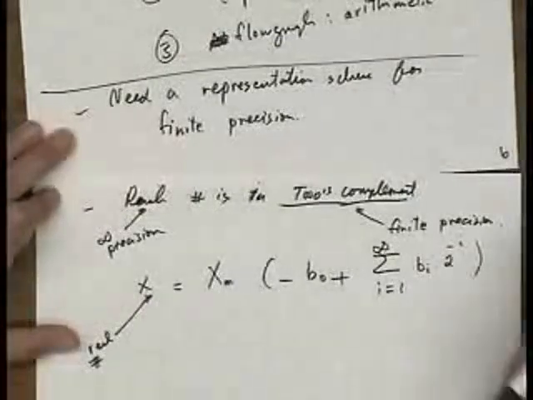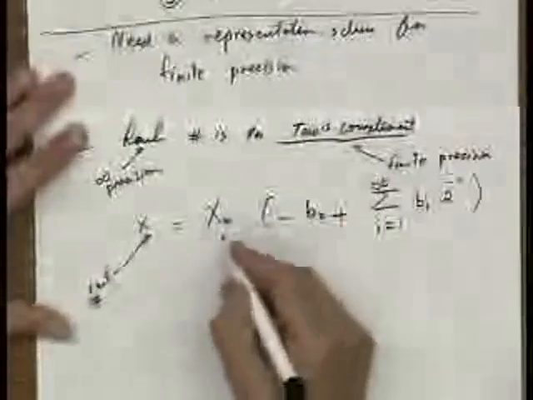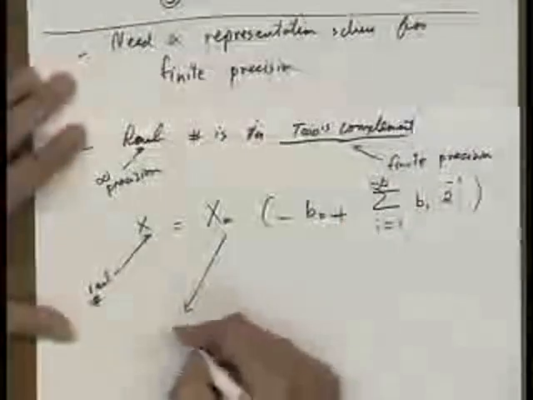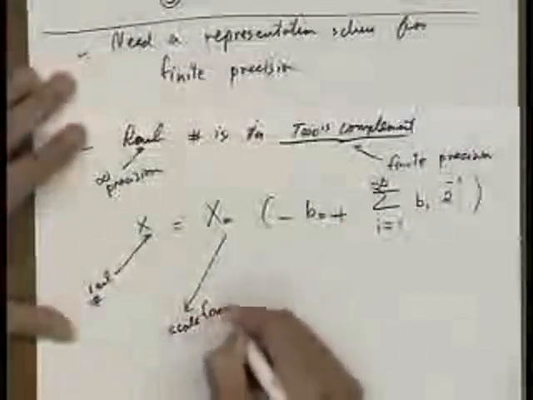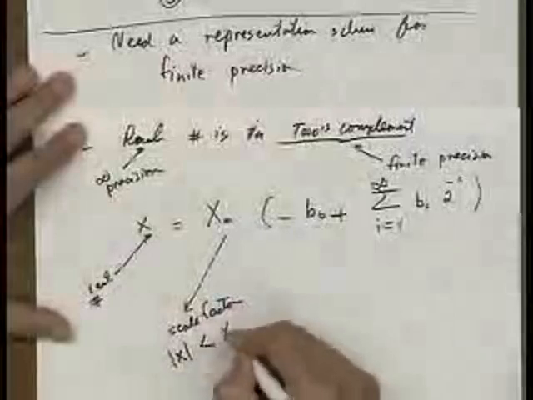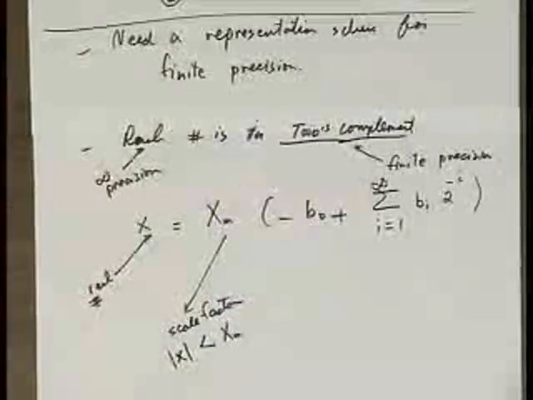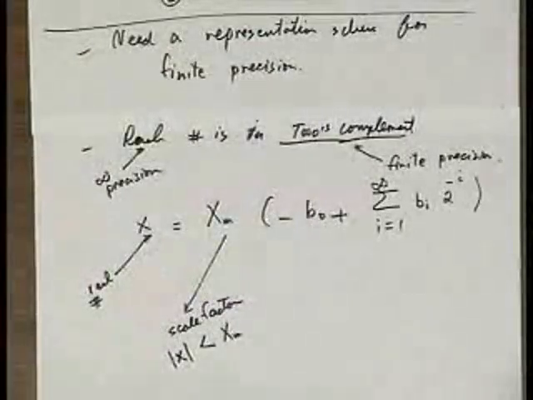Okay? And what are these various pieces? Where x sub m is some sort of a scale factor. In particular, we're assuming that the magnitude of x is bounded by x sub m. This is how big you assume your numbers are going to ever become. That's the largest number in your representation.